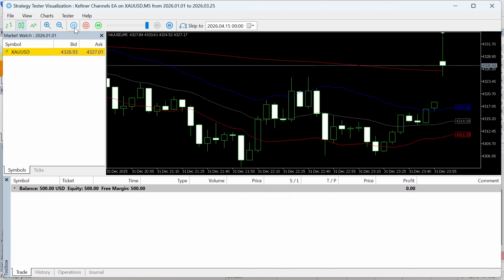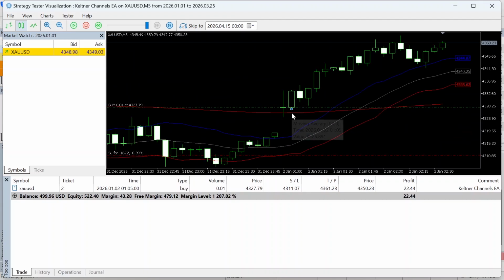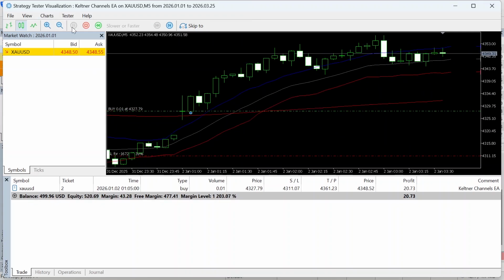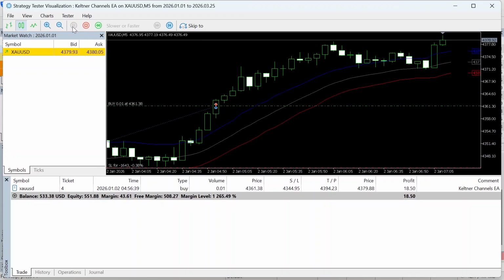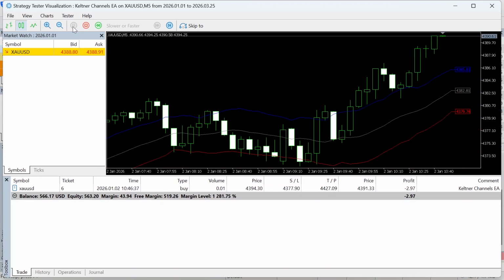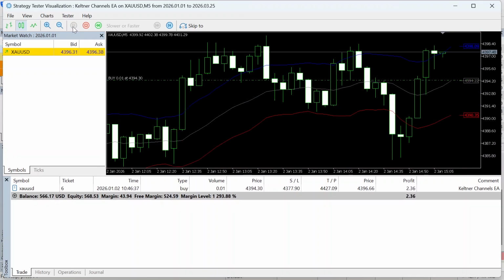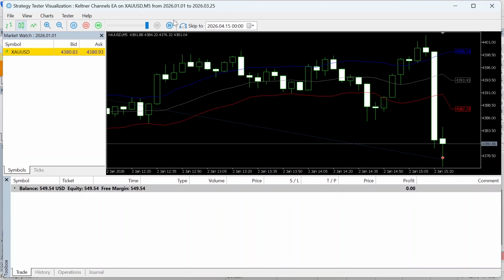Alright, so we have a position here, and that is because we are above the moving average, and the candle opens and closes above the blue line, which is the upper Keltner channel. So you can see we are trading as well, and we are out of the trade.